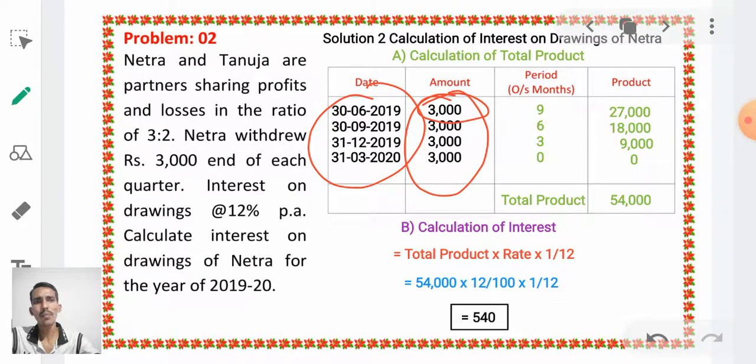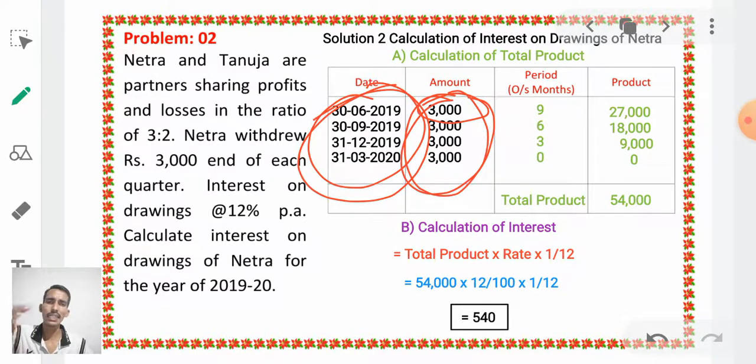Means there will be different amounts and the dates will also be different, not each 3 months gap, maybe a 4 months gap, right? First he withdraws in the 4th month, after that maybe after 2 months he will withdraw, otherwise after 3 months, otherwise after 4 months, after 6 months, like that. There will be different intervals, means different dates and different amounts will be available in that problem.